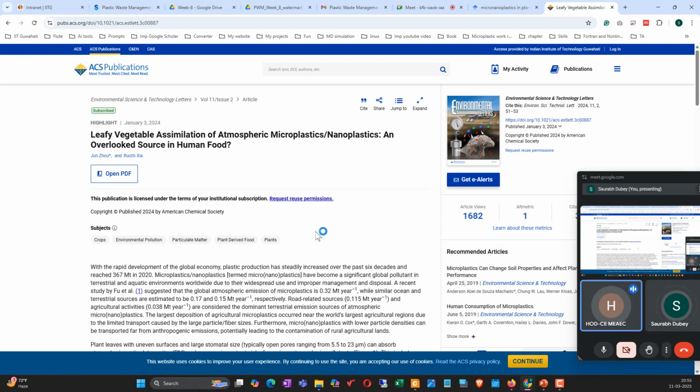So is any particular treatment there to remove such plastics from drinking water, because conventional treatments will not remove the plastic? Yes, right, ma'am.